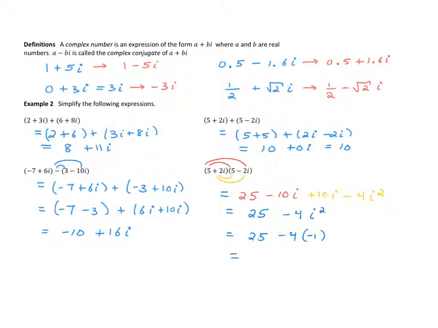I get that this is really 25. That's minus a negative 4. That's plus 4. And my final answer is 29. The complex conjugate is an important definition because of what happens in these two examples here. If you add them, it just becomes a real number. And if you multiply them, it becomes a real number as well.